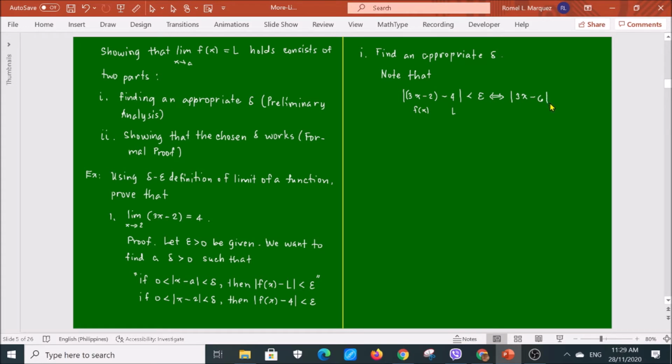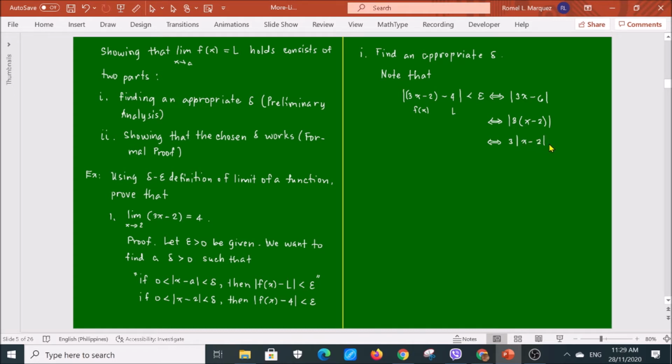Okay? And that is further equivalent to, if I factor out 3, I will get x minus 2. Then, taking the absolute value of the product, the absolute value of 3 is 3, times the absolute value of x minus 2.